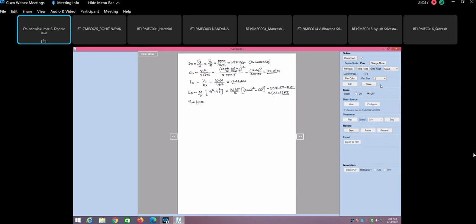The power dissipation at the point of brake application is simply brake force times the forward velocity, because that much power is going to get dissipated.